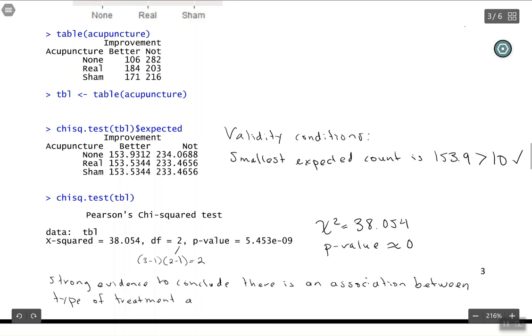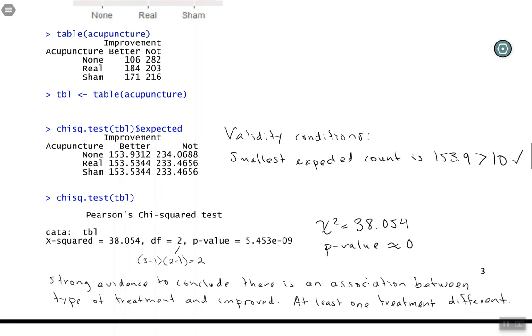So whether or not somebody improved. But remember, by the way that we've written our alternative, we're sort of limited in our conclusion, right? The only thing we're really saying is that at least one treatment is different from the others, right? So that may not really be satisfying because we want to know which treatment is better, right? Does it matter whether you have real acupuncture or sham acupuncture?